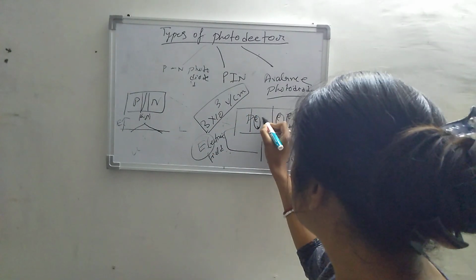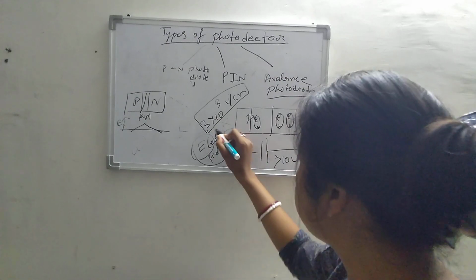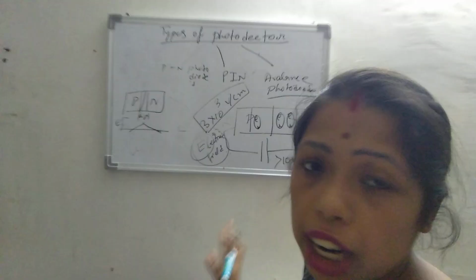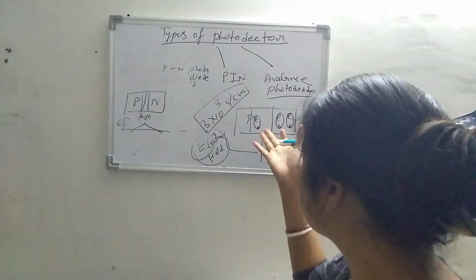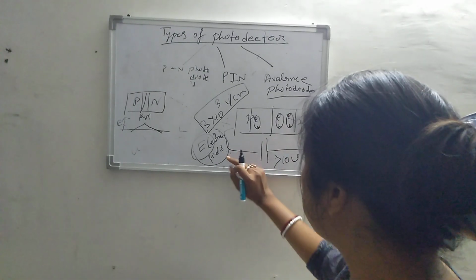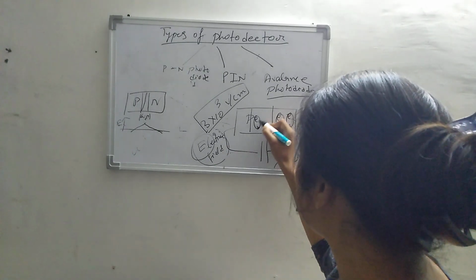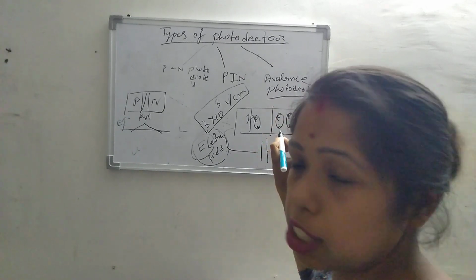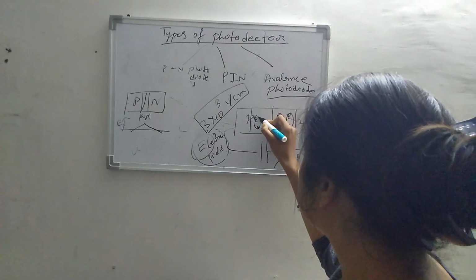This electric field helps it to move faster. Due to this high electric field, the electron hole pair will move faster through the entire region.